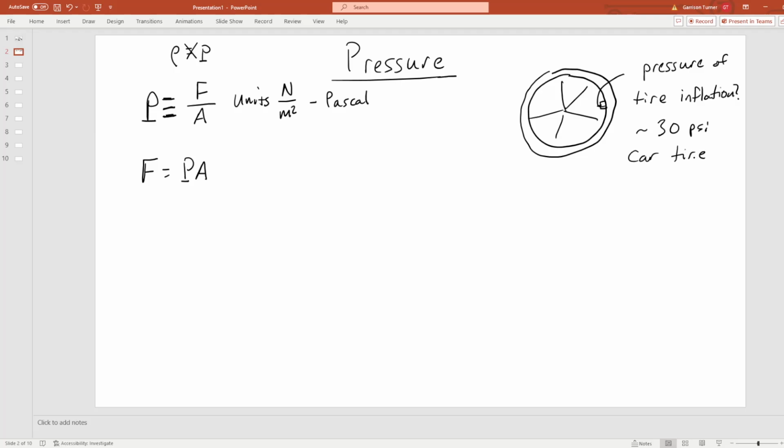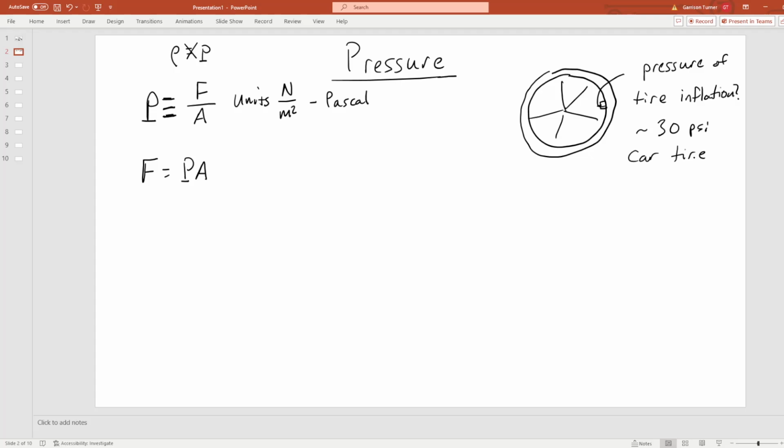Okay, this is typical. I am not claiming that you should inflate your tires to 30 psi. Each type of tire is going to be rated independently. You want to look at your tire specifications, but this is a typical value for a lot of different tires, particularly those with sedans.